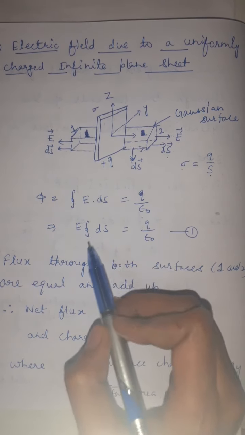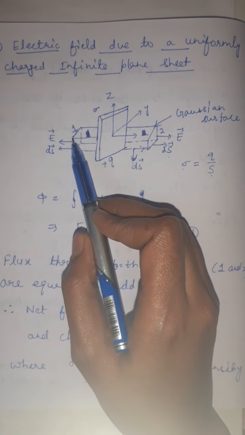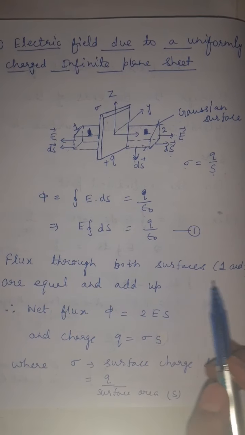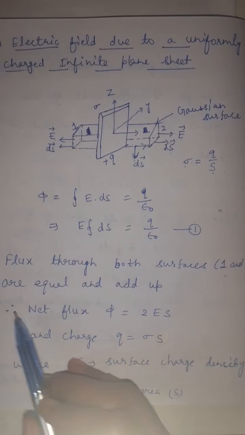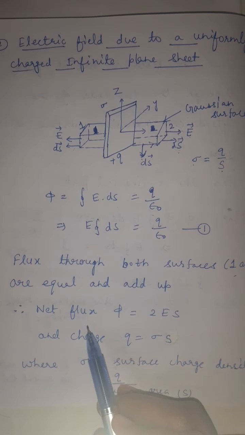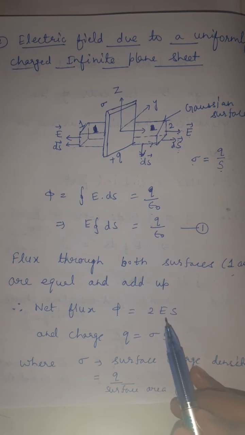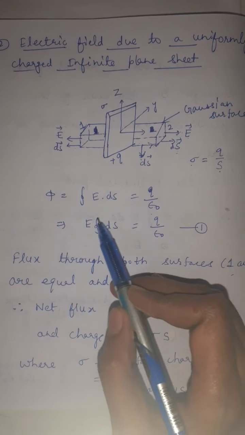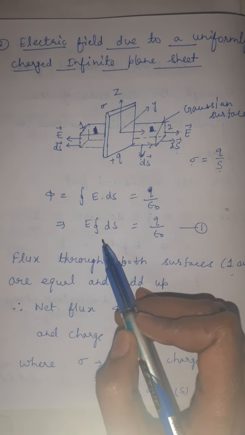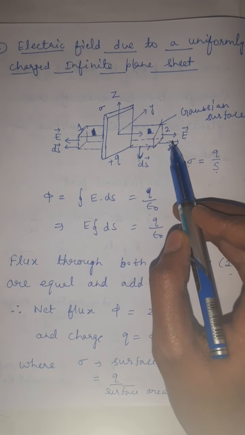When we calculate this integration, we will calculate it for surface 1 and surface 2. The flux through both surfaces, 1 and 2, are equal and they will add up. So the net flux through the Gaussian surface will be equal to twice Es, because if we integrate ds, we will get the whole surface S, and Es for the first surface and Es for the second surface.